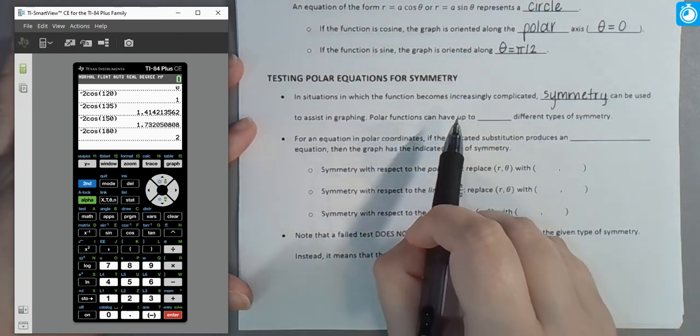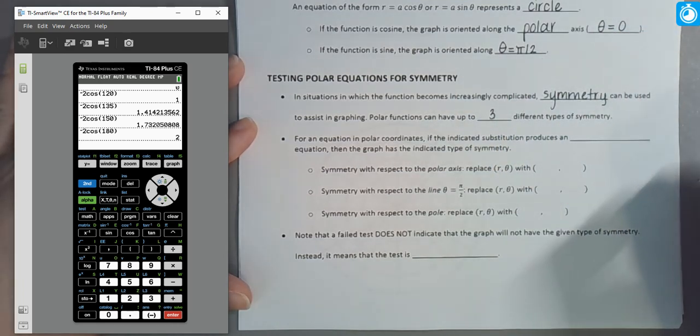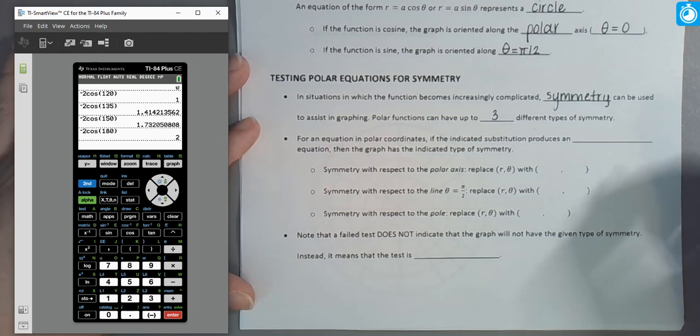Now, polar functions can have up to 3 different types of symmetry. Now, the way our symmetry tests work for polar equations is a little bit different than how they work for equations in x and y. For equations in x and y, you either pass a test or you don't pass a test. This is not necessarily going to be the case with polar coordinates, and I'll explain in just a minute.